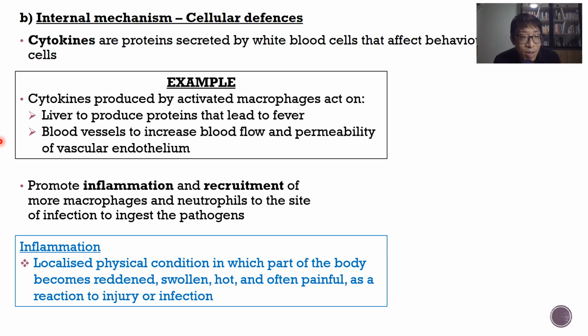So remember that immune cells travel around the body through the circulatory system, right? So having more blood flow would increase the number of immune cells traveling to the site of infection, and when the permeability of the capillaries or any other blood vessels are increased, then the immune cells can more easily leave the circulatory system and enter the site of infection.